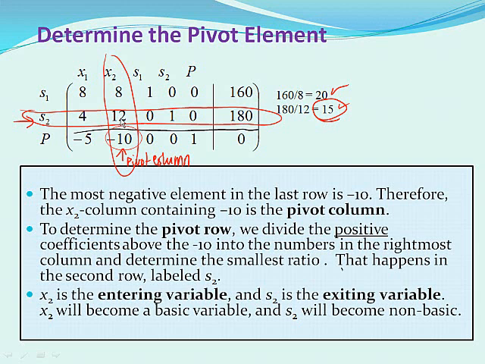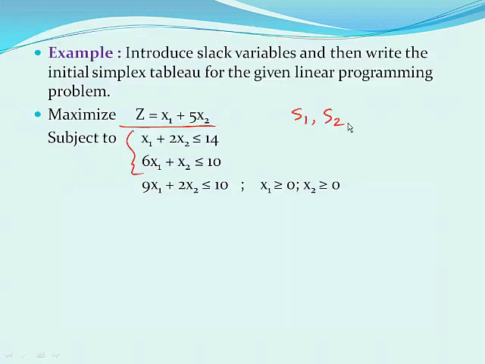We also call x2 the entering variable and s2 the exiting variable. Notice that x2 is a non-basic variable now, and s2 is a basic variable now. But if you actually process this tableau, the roles will be interchanged in the next stage. That's why we call them entering variable and exiting variable.